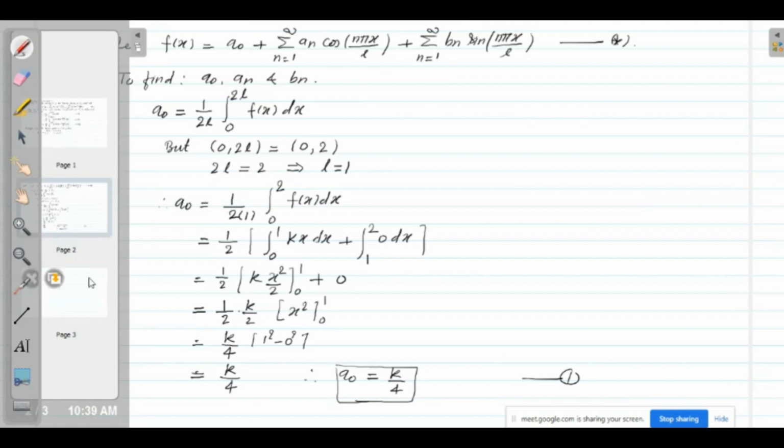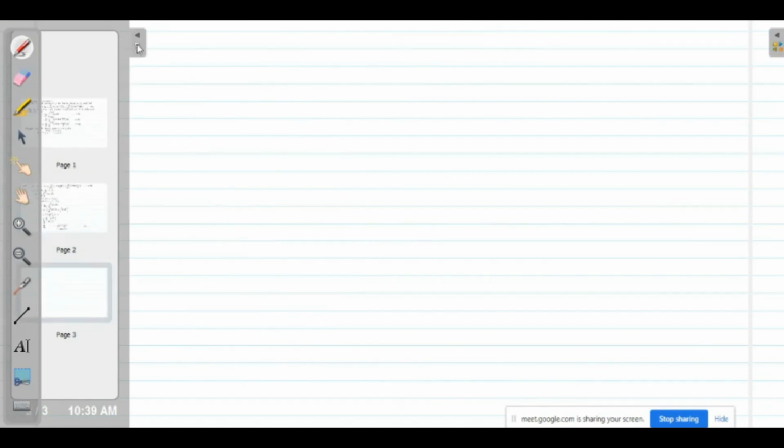Okay, so we have an. An is 1 upon L, integration of limit 0 to 2L f of x cos n pi x by L dx.